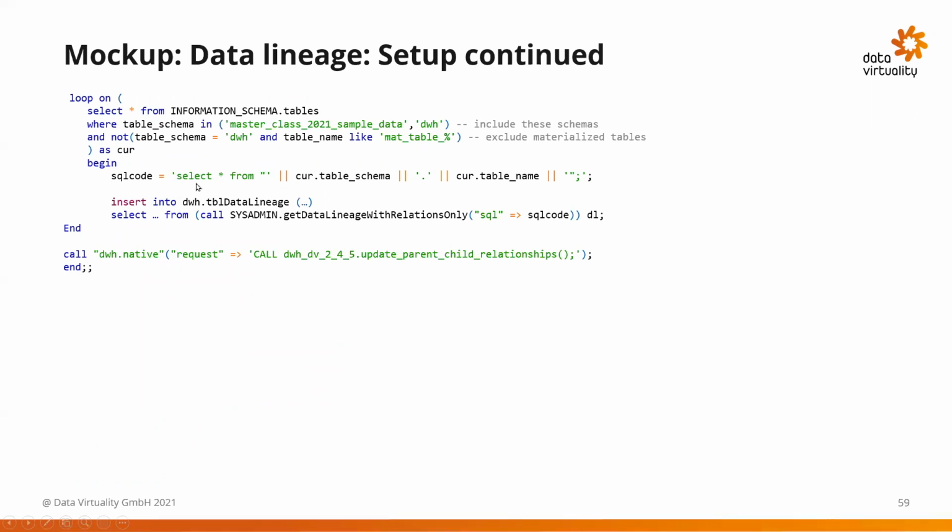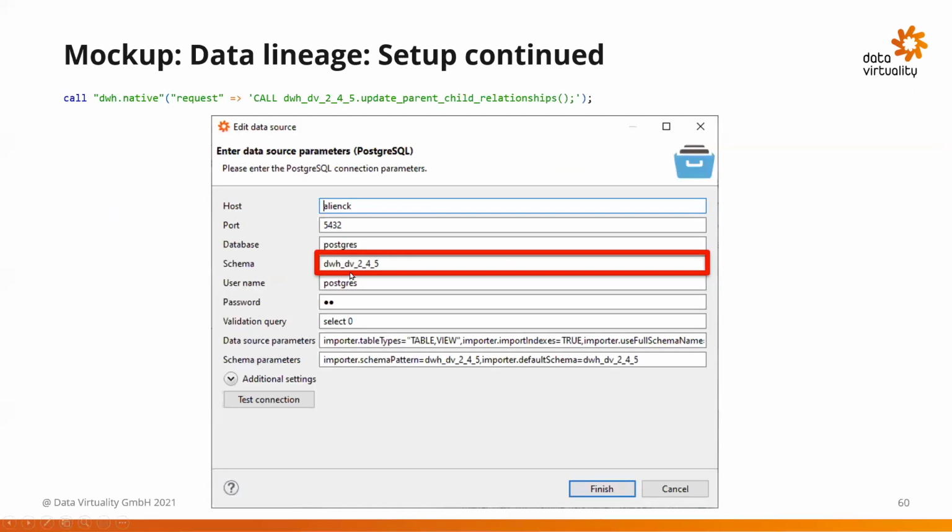Then we do a select star from that particular table or view, and we call our sysadmin function get data lineage with relationships only, and insert this data into the table data lineage. At the end, we call the native stored procedure update parent-child relationships. This is optional. The reason you'll see DWH DB245 here is that it just corresponds to the name of my schema in Postgres, so you'll have to update this if you change it.